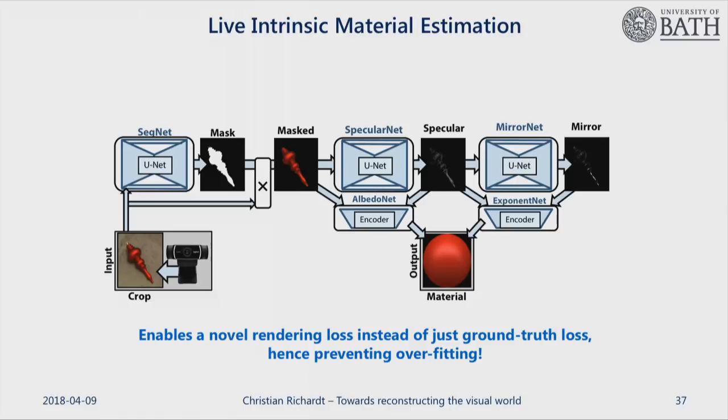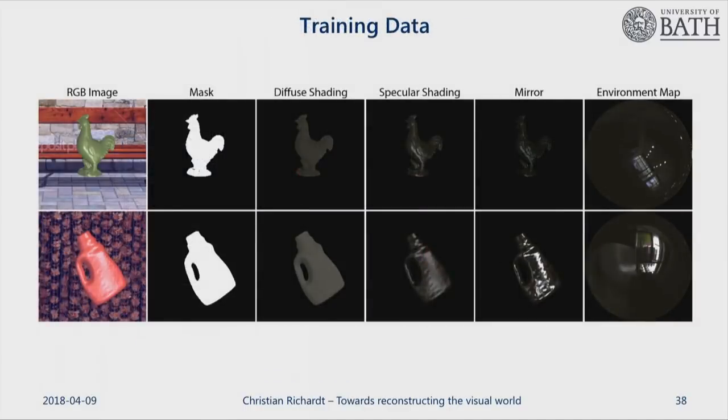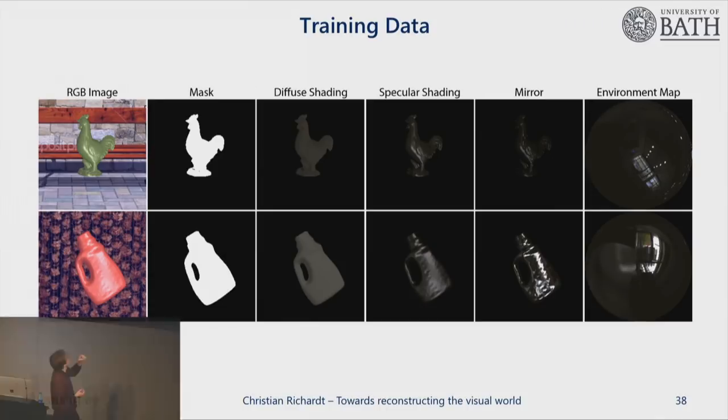And we train this completely synthetically. Here you see all these intermediate stages visualized. We use different objects to make it more general. We have ground truth masks, obviously. We have the diffuse shading, the specular shading, and this mirror-like version.